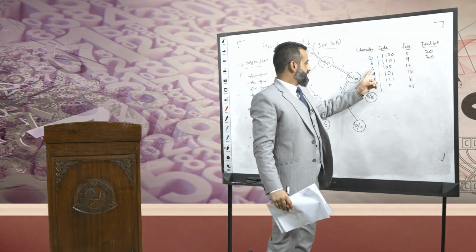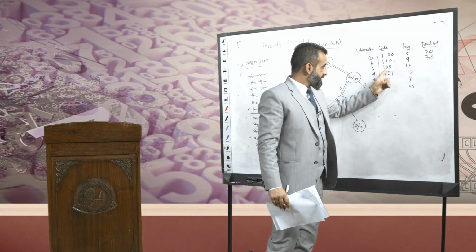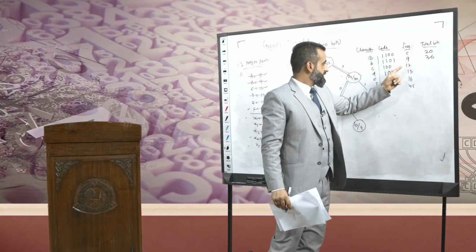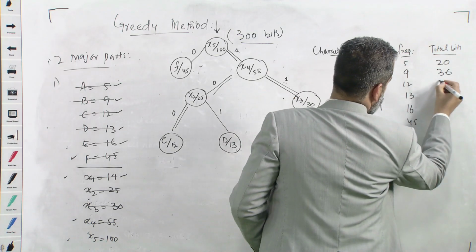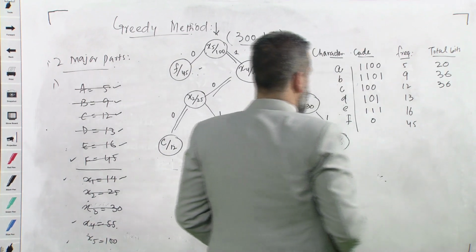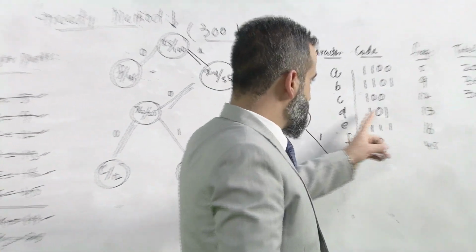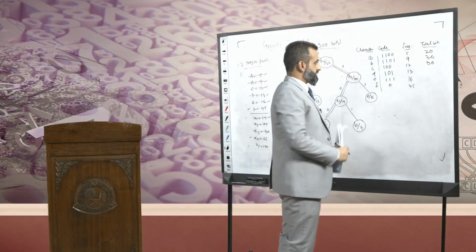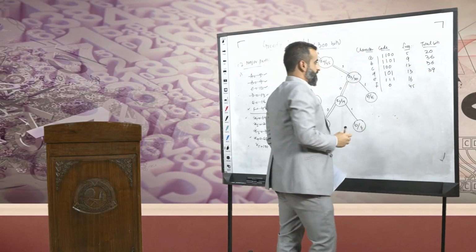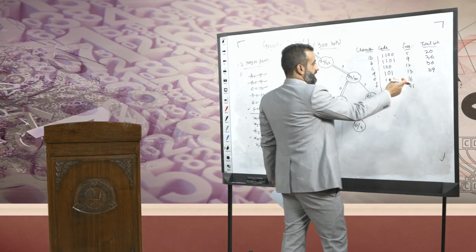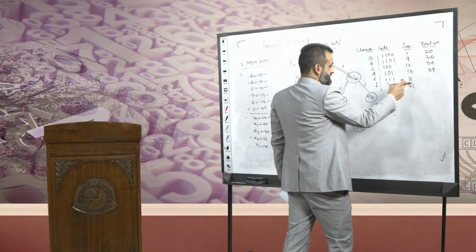In the case of C, I'll be using 3 bits to represent C, and C has 12 occurrences in the text, so a total of 12 into 3, that's 36. For D, 3 bits to represent a D, 13 occurrences, so that makes a total of 39. E has 16 occurrences in the text.